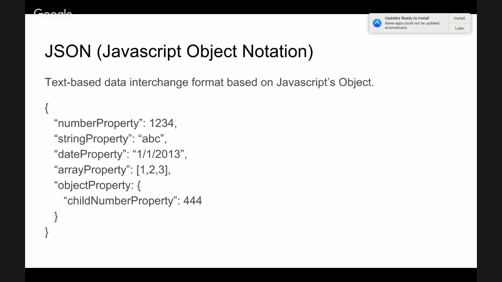If you're not familiar with JSON, it's a text-based data interchange format based on JavaScript objects. Here's what it looks like. You use curly braces to describe an object, and an object can have different types of properties. You use a string to describe the property name, and then the value could be a number, string, or date.